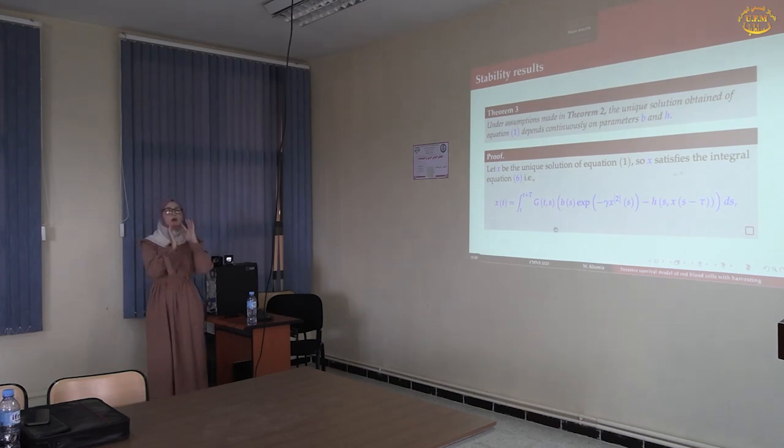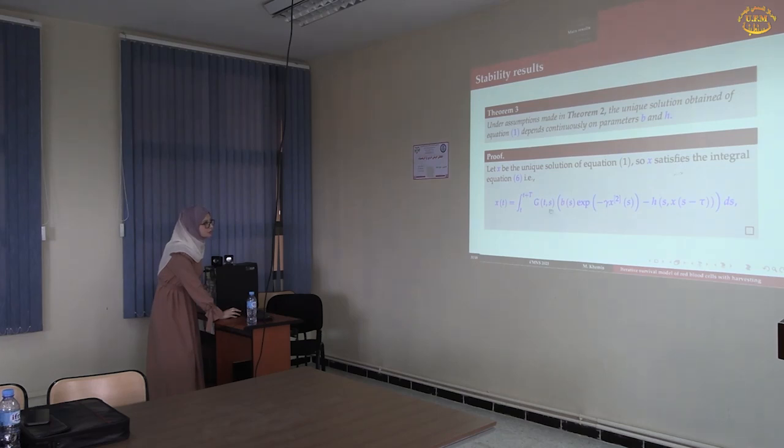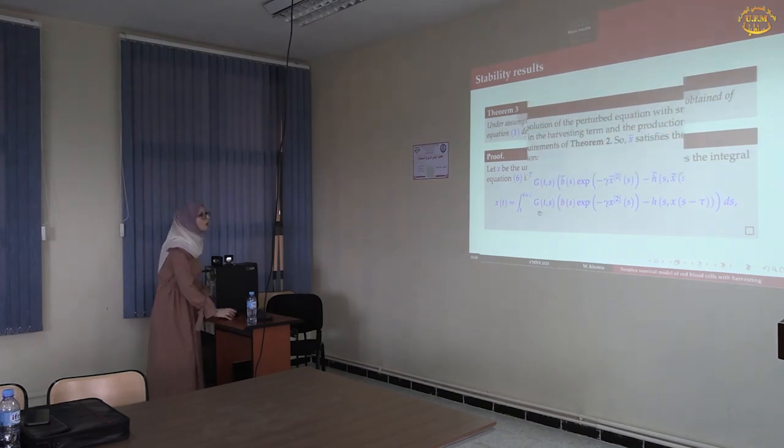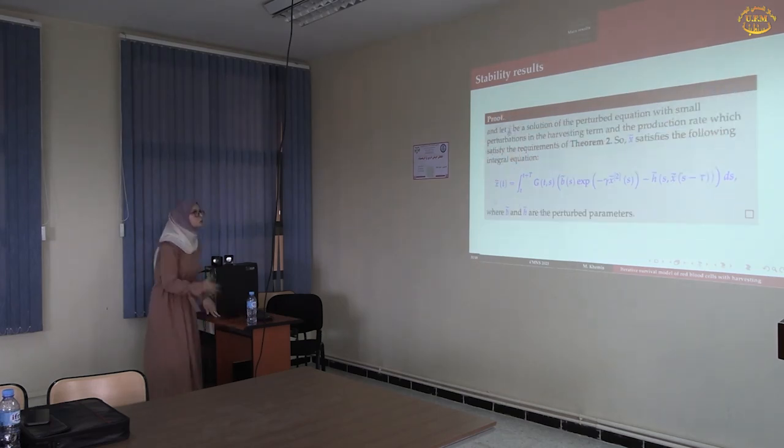Here we present our last theorem, which establishes the continuous dependence on parameters of the unique solution. For this, let x be the unique solution of equation 1, so x satisfies the integral equation 6 as follows. And let's assume there is another solution of the perturbed equation, with small perturbations in the harvesting term h and production rate b, that also satisfies the integral equation 6.